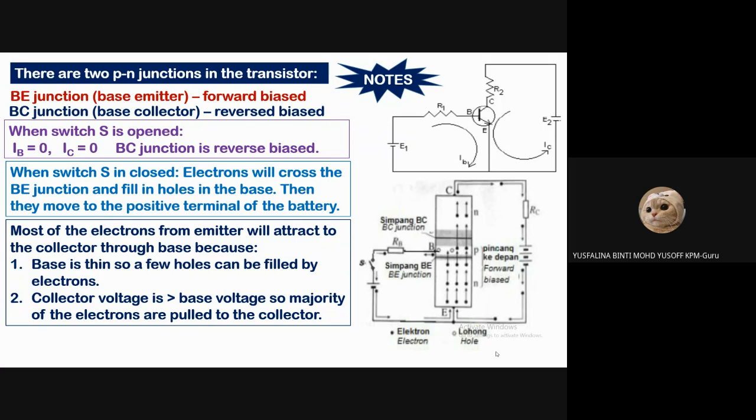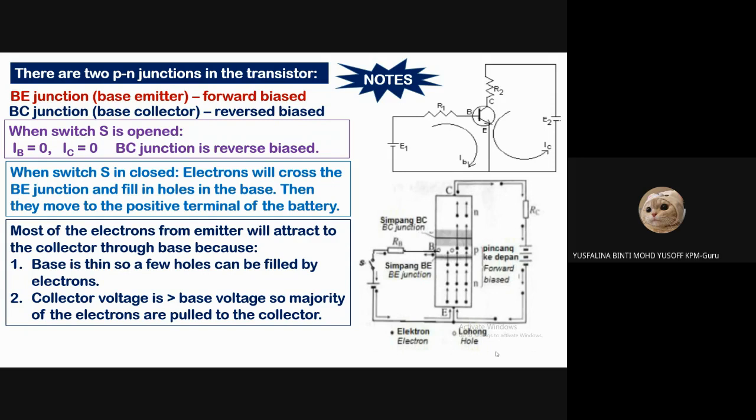So when the switch is open, there is no current flow, so of course the base current is 0. And IC actually depends on IB, so when IB is 0, IC also becomes 0, right?